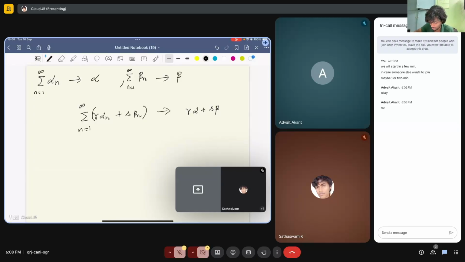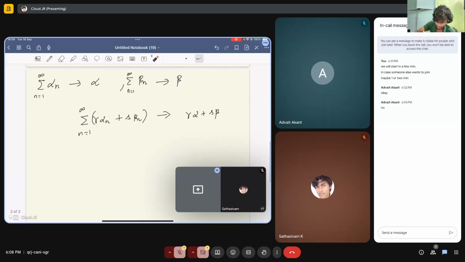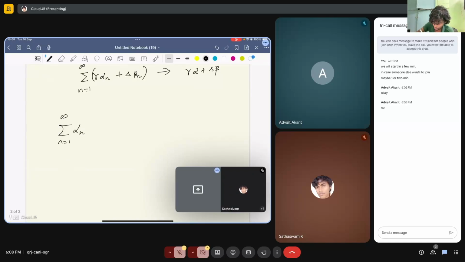And of course, we know how we talk about convergence, right? Basically, you take the partial sum. So you have the summation of alpha n, and I say it converges if you look at the partial sums: S1, which is just alpha 1, and S2, which is alpha 1 plus alpha 2.